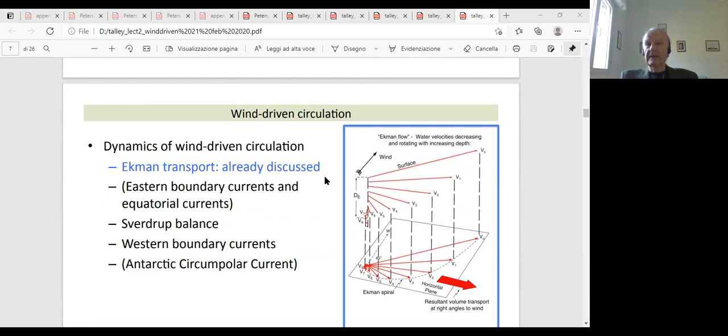So now we already discussed the Ekman transport. This is the vertical distribution of the vectors, and the Ekman transport, which is 90 degrees to the right-hand side with respect to the wind, or around 45 degrees with respect to the surface current.